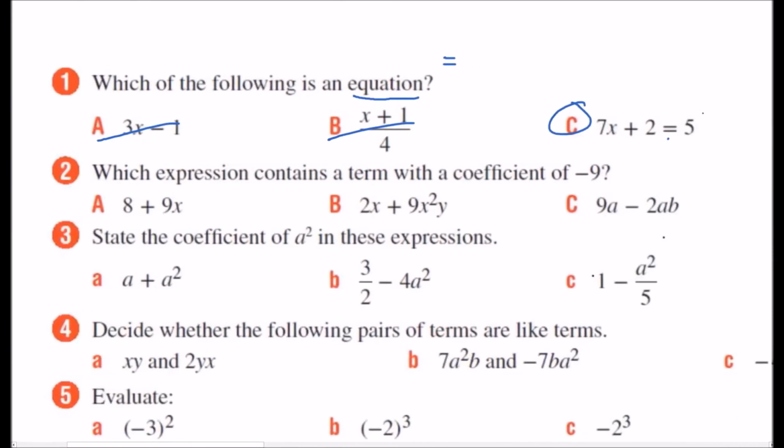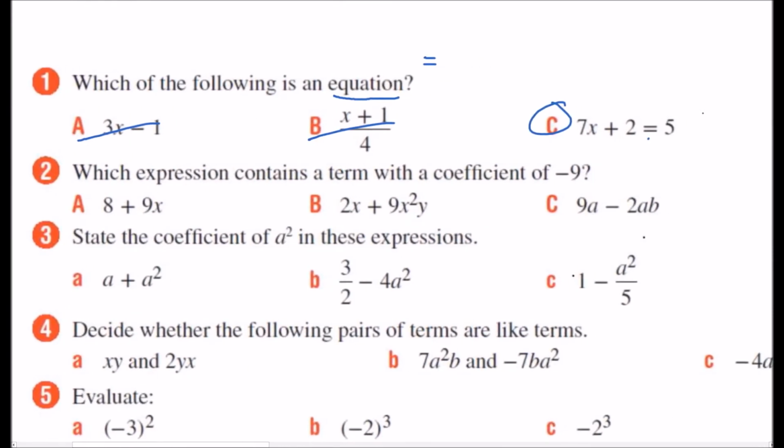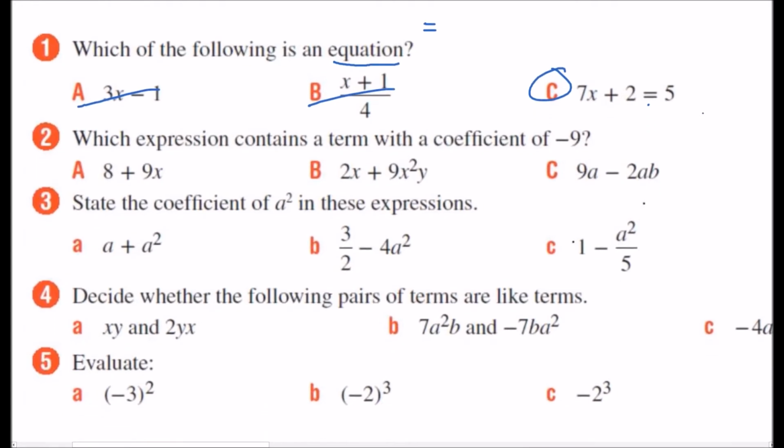Which of the following expressions, remember an expression is basically a group of terms, whether they're variables or numbers by themselves, like constants, put together. Which expressions contain a term with a coefficient of -9? Remember, a coefficient is the number in front of a variable.